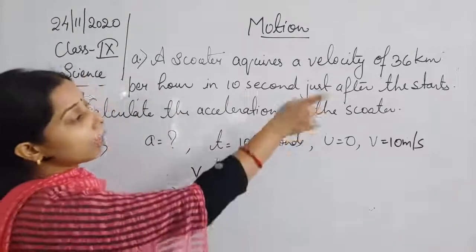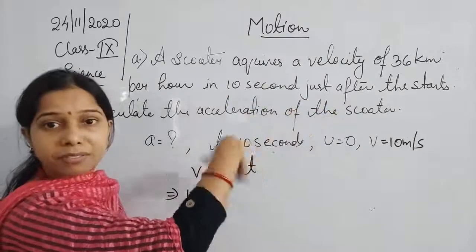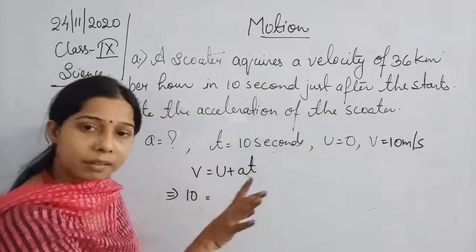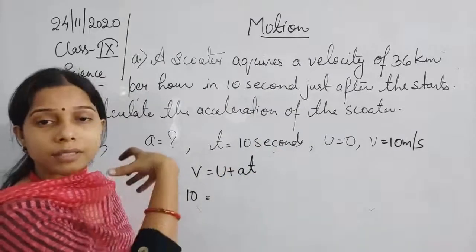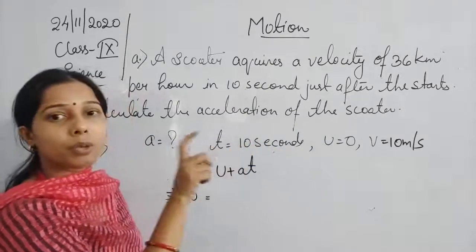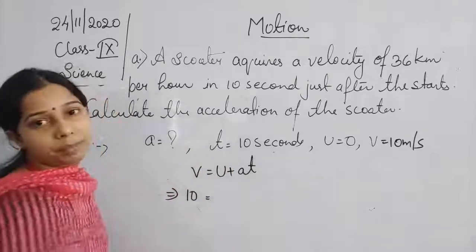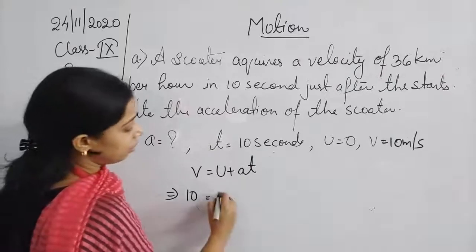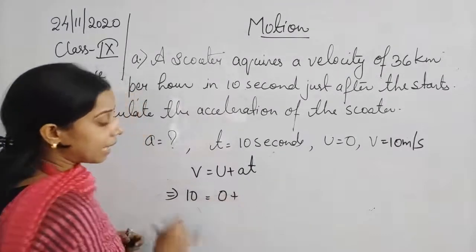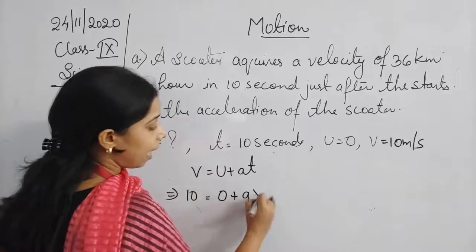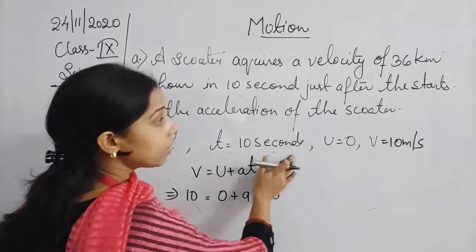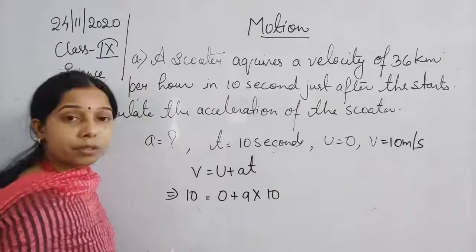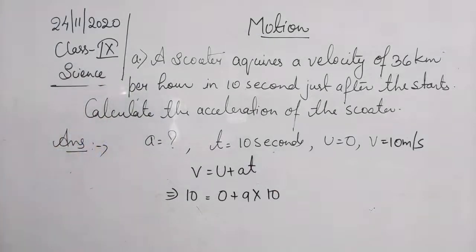Because the scooter was at rest before it started moving, and then it acquired a velocity of 10 meter per second. So final velocity is 10 meter per second, initial velocity is 0, plus acceleration that we have to find, and time is 10 seconds. Since the time is given in seconds, we converted the velocity into meter per second.